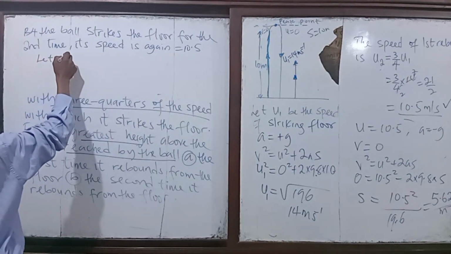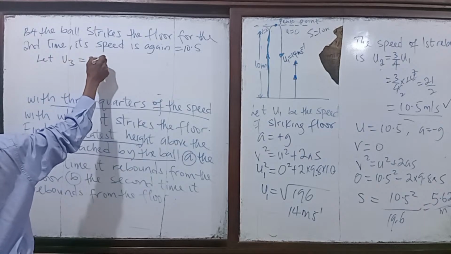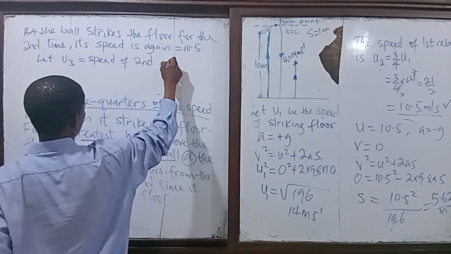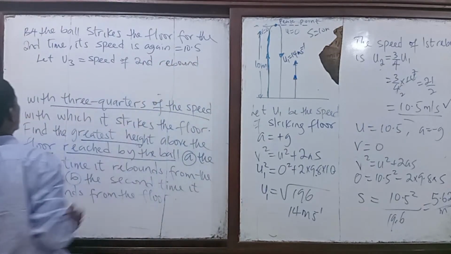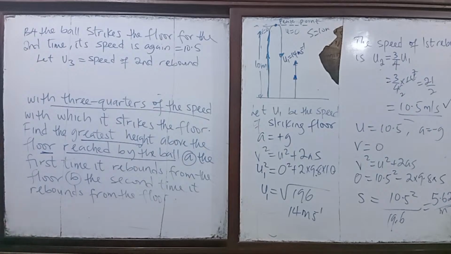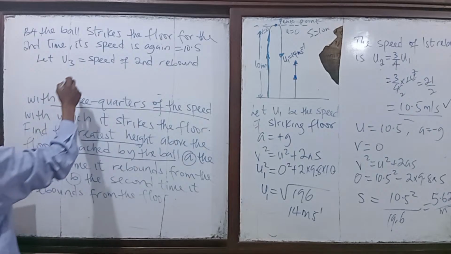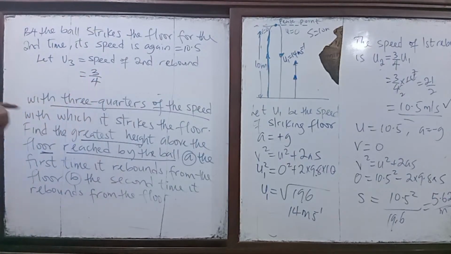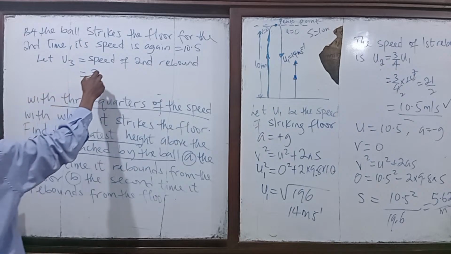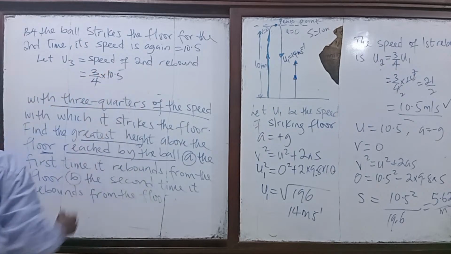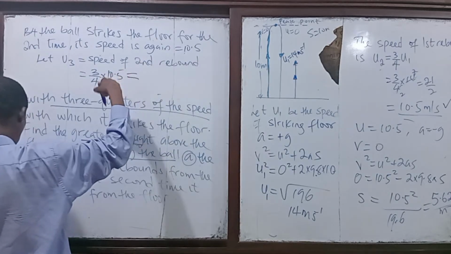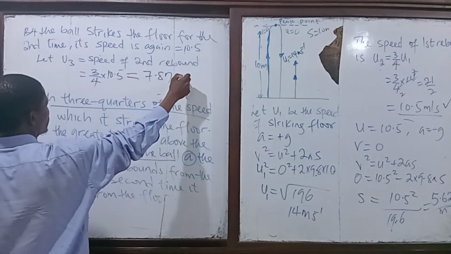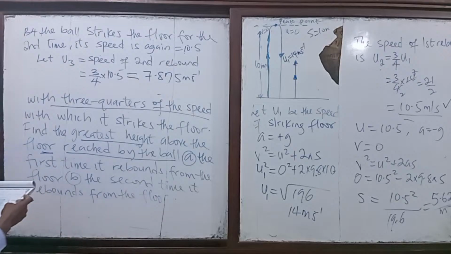Let u3 be the speed of the second rebound, and we are told it is 3/4 of the speed with which it strikes the ground. If we follow the instruction, that will be 7.875 meters per second.